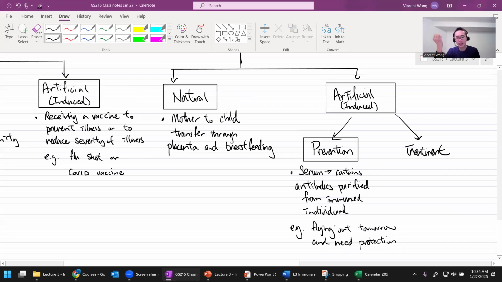As soon as I get the serum injected, the antibodies will be all over me, and now I'm protected from the disease. So I go on my trip, I'm protected, I'm safe.